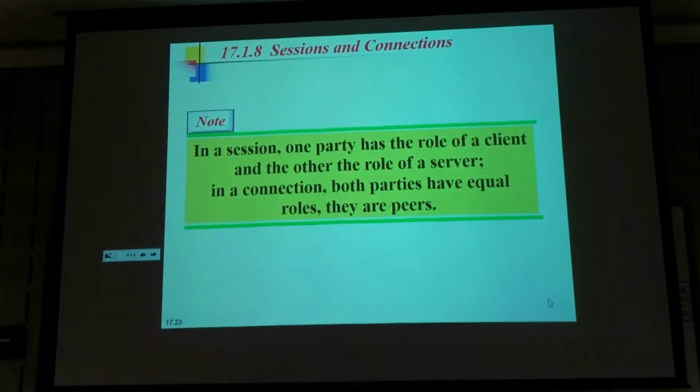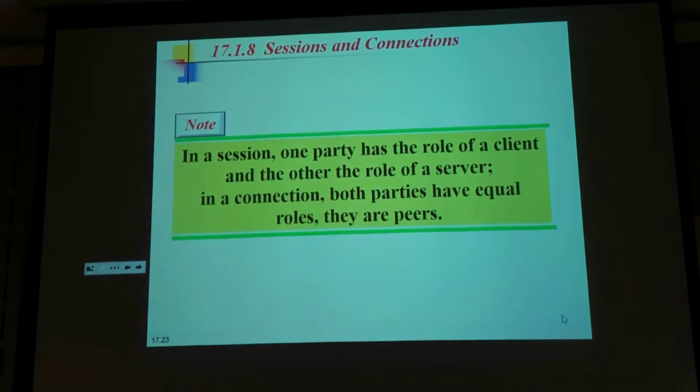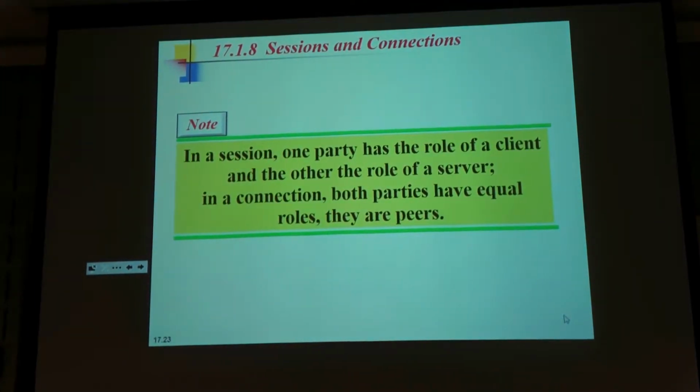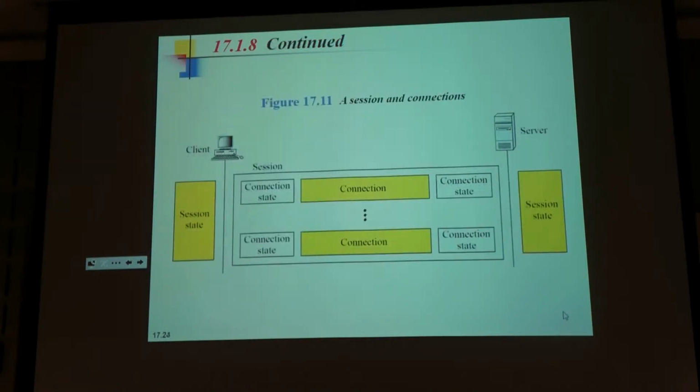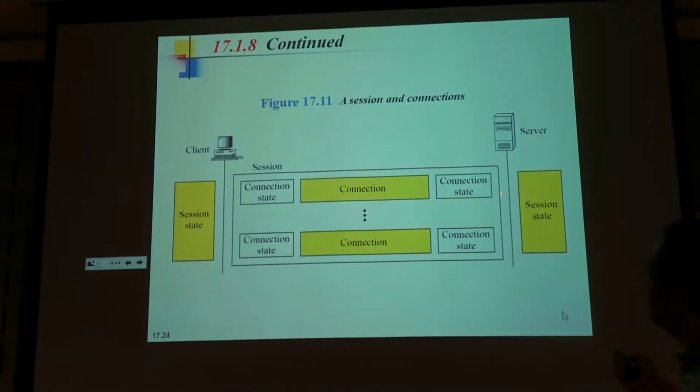So one session could have multiple connections. Alright, a session can consist of many connections. A session can be suspended and resumed again. Alright. So what will happen, let's take a picture in here, a session and a connection. So you have in here a client and the server.